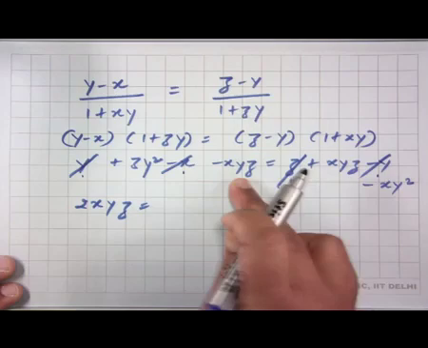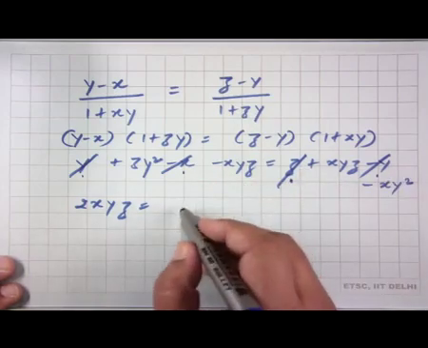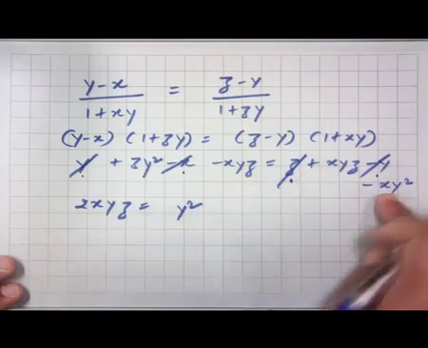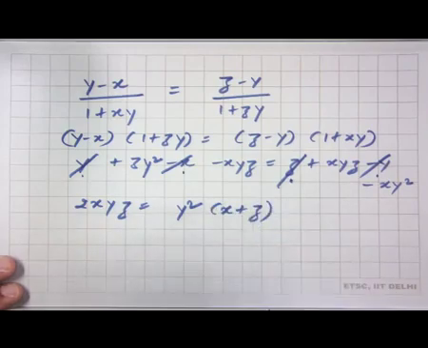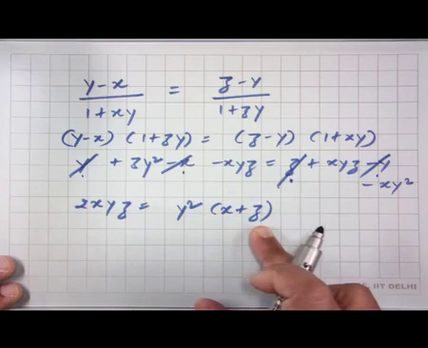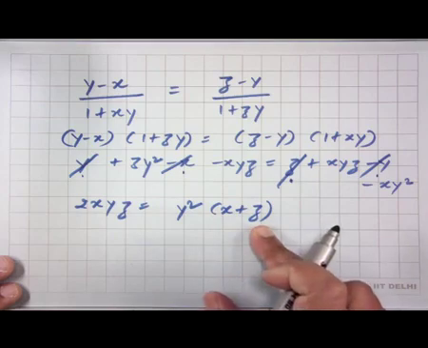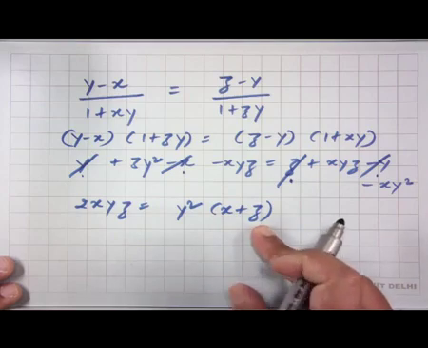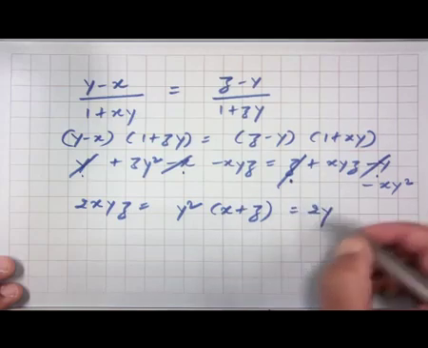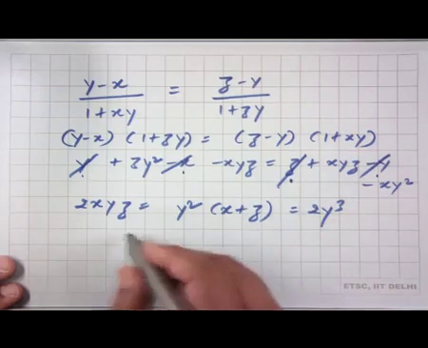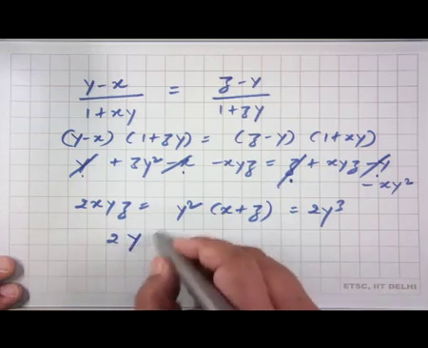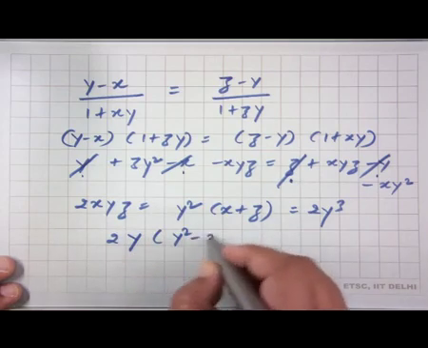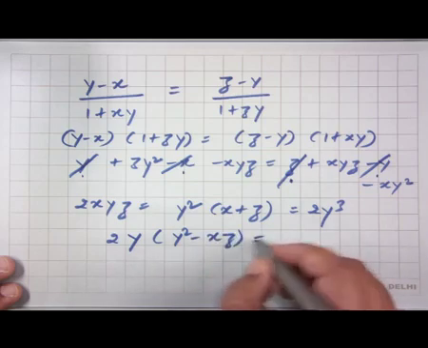So, we take this term on this side, and then we bring this term on the left hand side, y square into (x plus z), but then x plus z is equal to 2y, and that is because x, y and z are in arithmetic progression. So, this becomes 2y cube, and that can be written as 2y into (y square minus xz) equals 0.